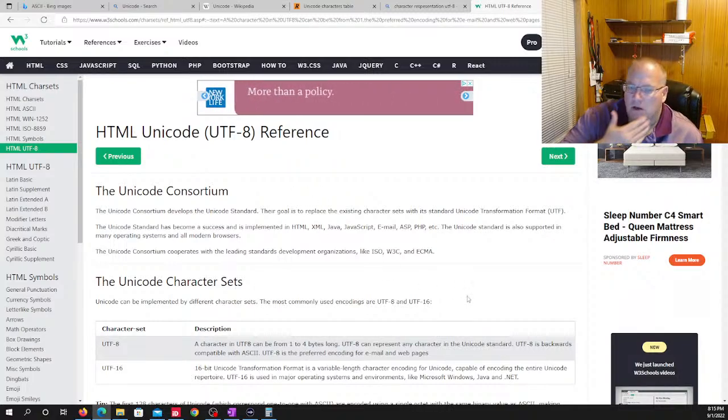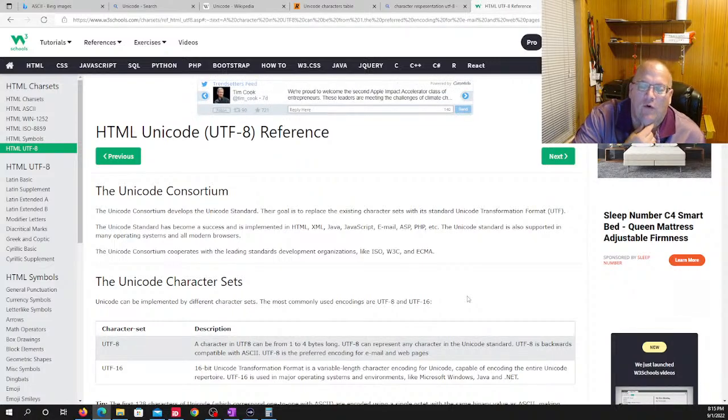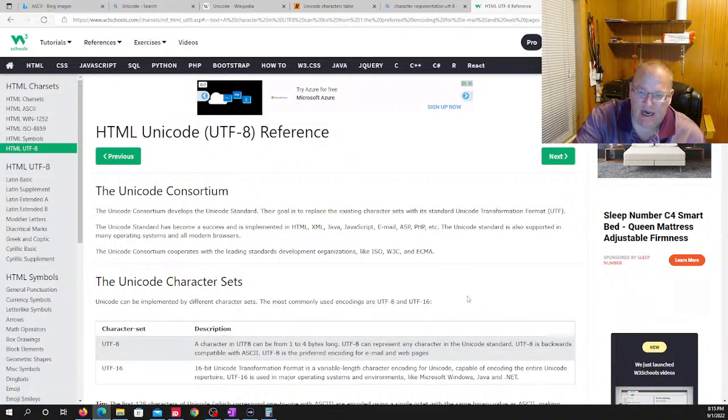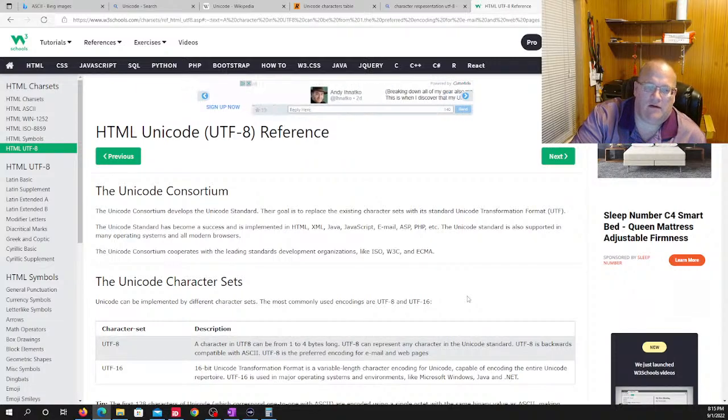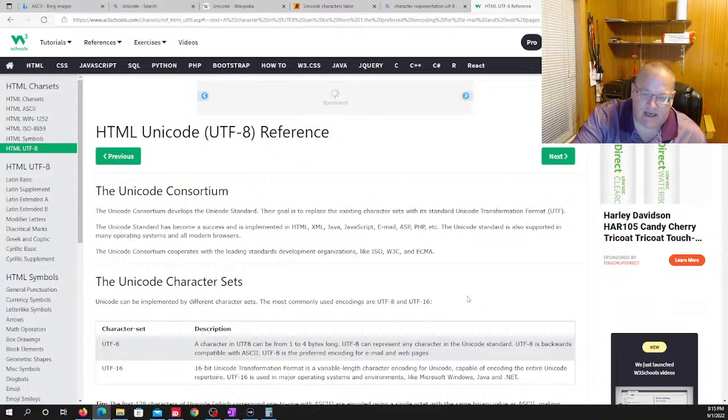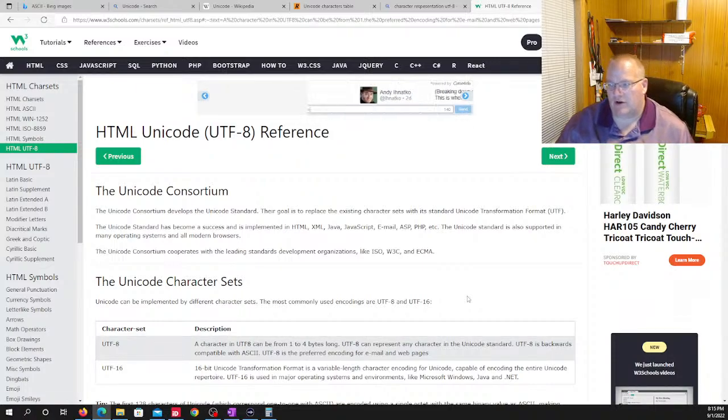Okay, so what is this? How does it work? It's between 1 and 4 bytes long. It can represent any character in the Unicode standard, and it's backwards compatible with ASCII. It's actually the preferred encoding for some of these things.